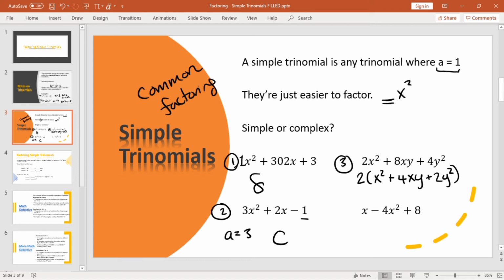That's fine. We're looking at these x terms. And in this one, once we factor out that 2, we see that we have an a that is equal to 1. So this is actually simple. Be careful. And for our last one, the term in front is not the a term, it's a b term. A is actually negative 4. So this is complex.